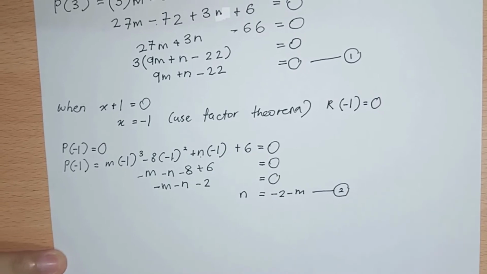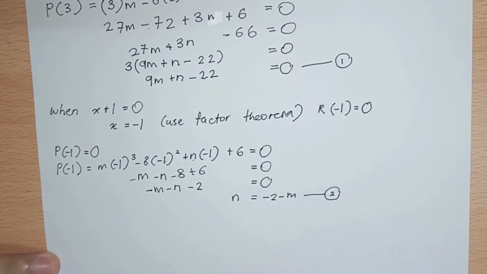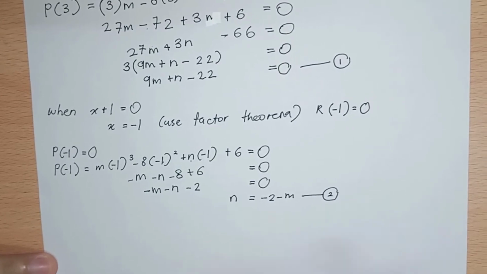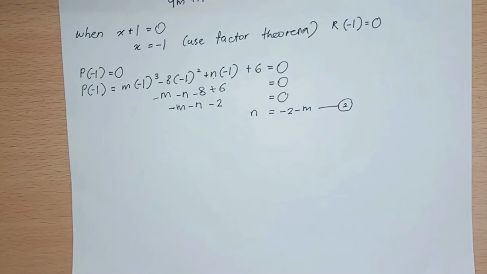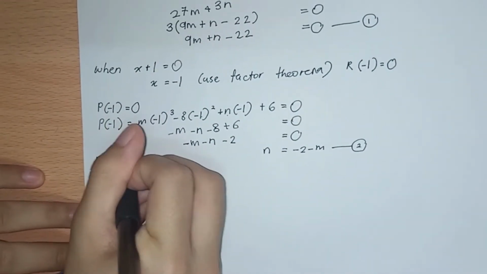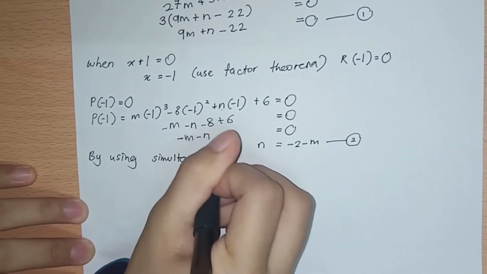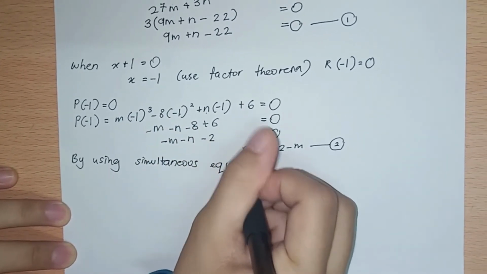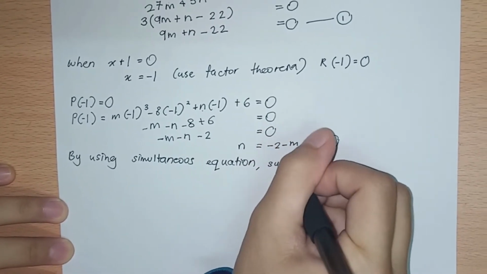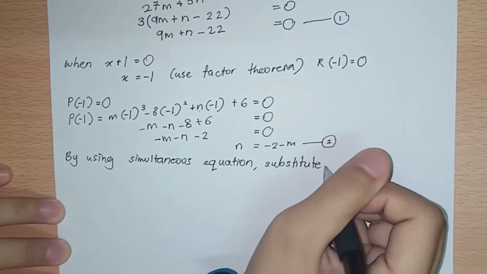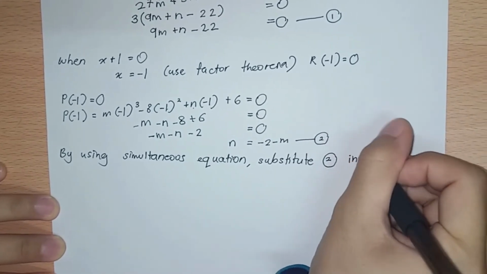How? We can use either simultaneous equation or elimination method, but I will use simultaneous equation. So by using simultaneous equation, we will substitute 2 into 1.